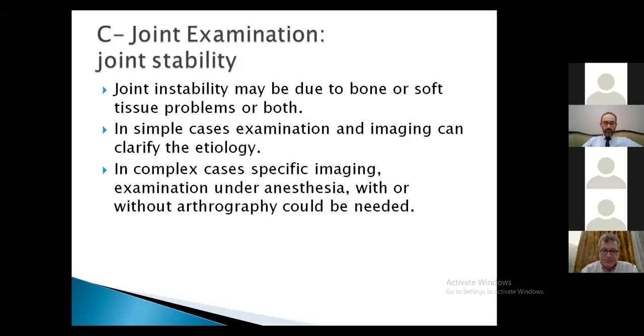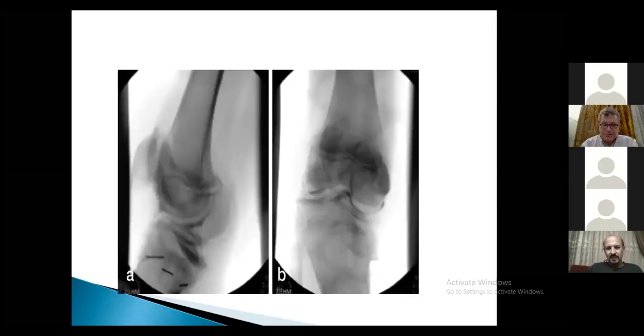For example, if you have an unstable hip joint and you try femoral lengthening, it is very, very dangerous for the patient. This picture shows arthrography of the knee, which shows the anteroposterior sloping and medial sloping of the medial tibial plateau.